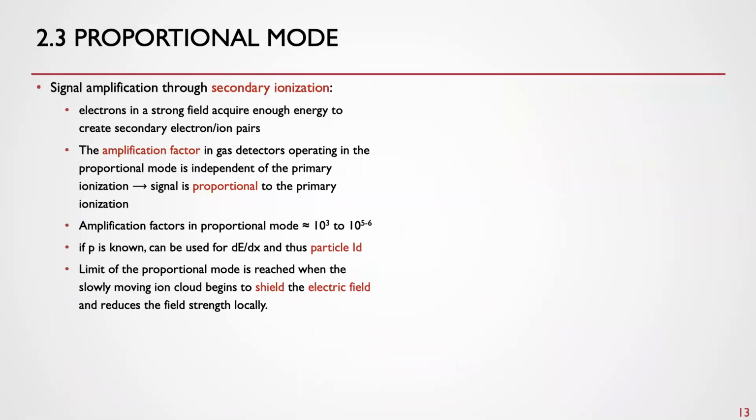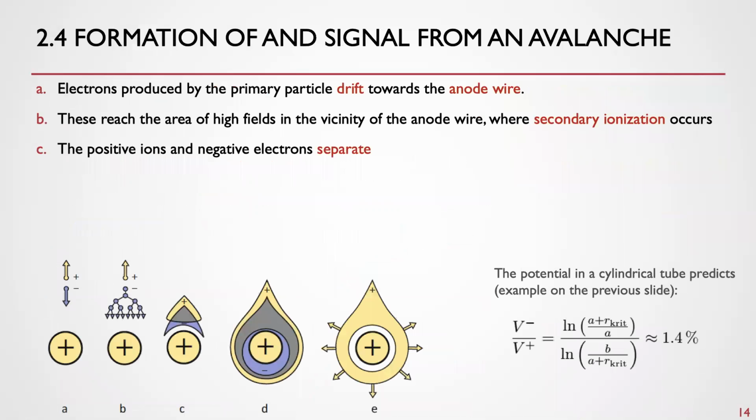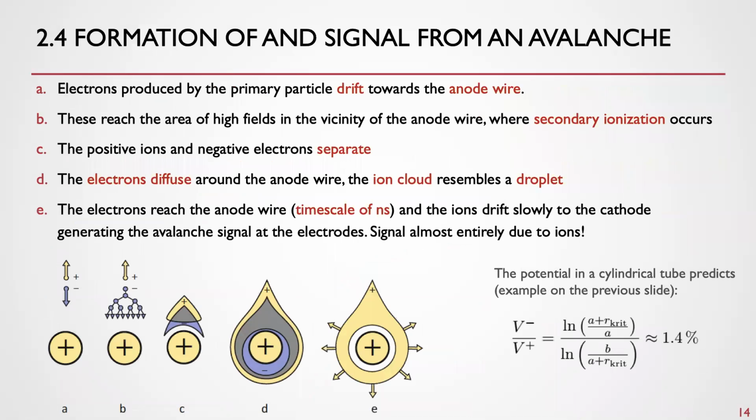That's why in wire detectors with amplification in the proportionality mode, the signal is almost exclusively given by the ions. We can calculate this. We can take the ratio of the potential energies that ultimately cause the signals, call this V minus over V plus, and insert the numbers.